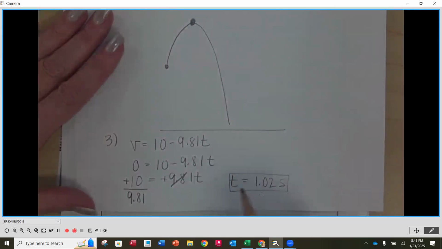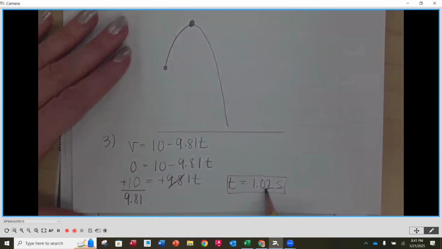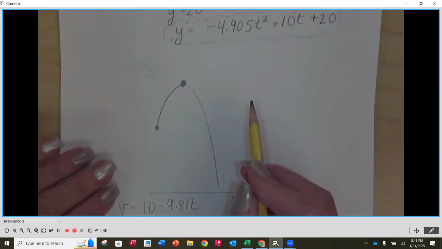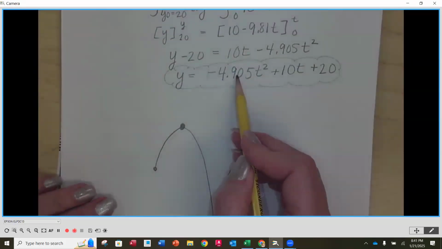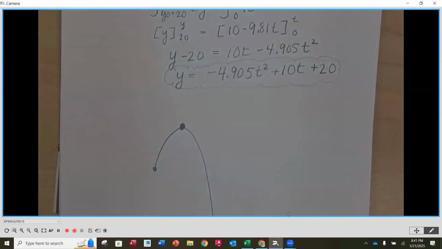Okay. But is that what it wanted to know? What is the highest elevation? Right. So now that we know the time that it takes to get to our highest elevation, we're going to take this t and plug it into the y equation. We can actually do this over here.